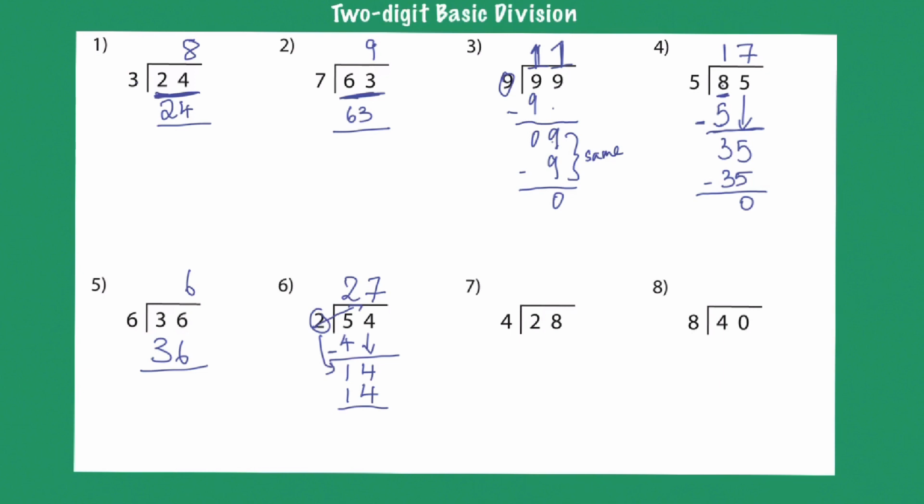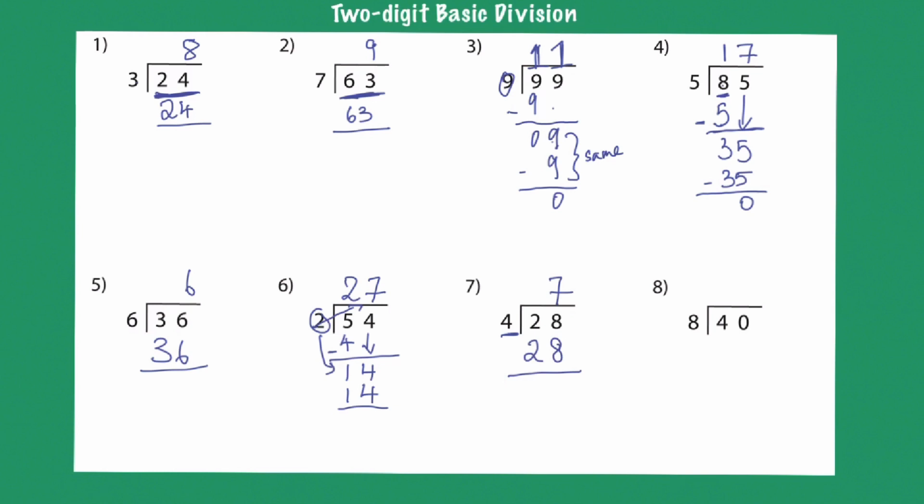So if it does not fit inside the 2, you have to look at the numbers together as a whole. You have to see how many 4s fit into 28. We all know 4 times 7 is 28. So that's pretty easy. 4 7s are 28, so the answer is 7.